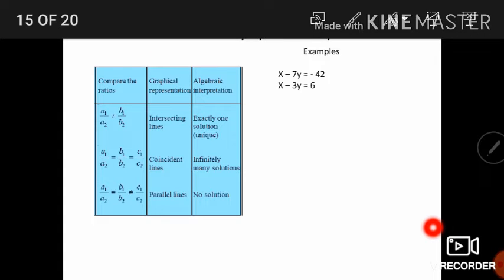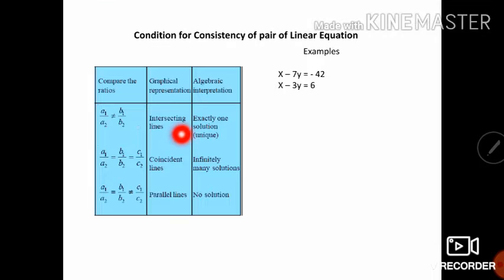If a1 upon a2 is not equal to b1 upon b2, then the pair of equations represents intersecting lines and they will have exactly one solution. We saw this in the pair of equations that we obtained for word problem 1 that we solved in the previous class. a1 upon a2 is equal to 1 on 1, b1 upon b2 is equal to minus 7 on minus 3, which is 7 on 3, and you can see that these two ratios are not equal.